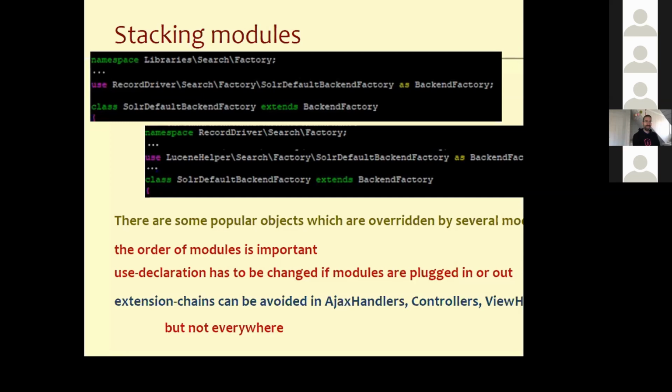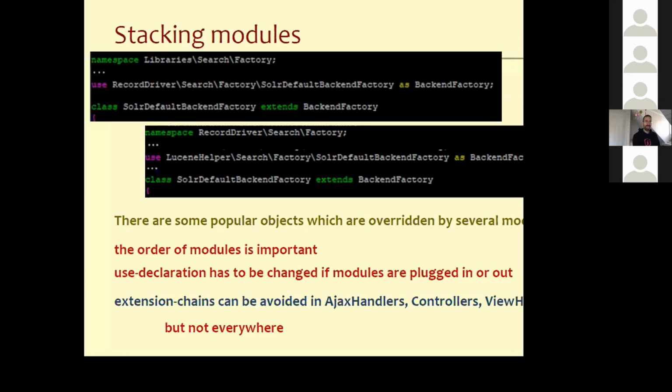There are some extensions or changes needed in more than only one module. So for example, it's needed in our libraries module, which is the one with which we can make some kind of regional catalog out of VuFind, and it is also used by the record driver module.